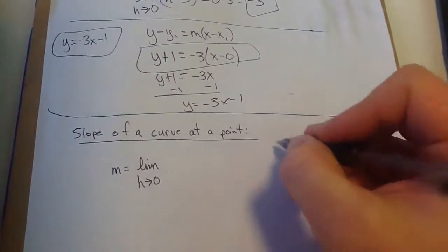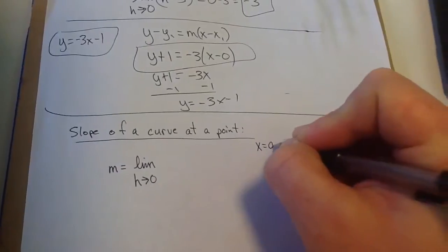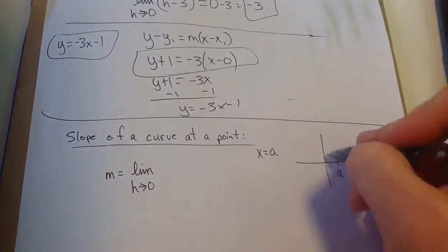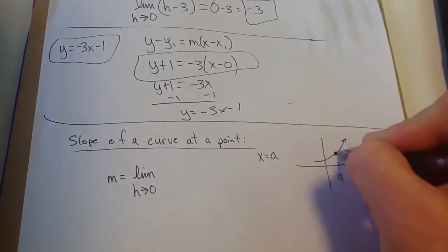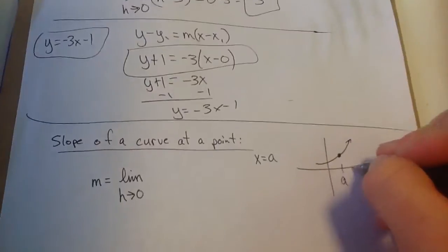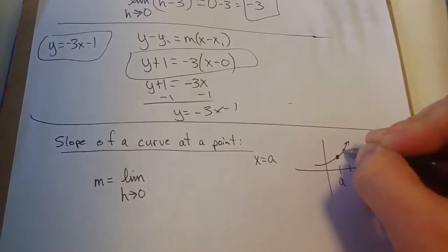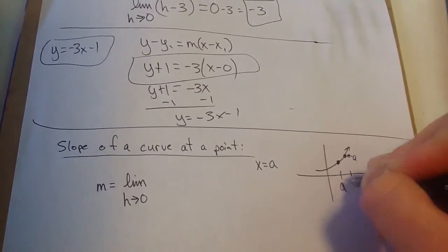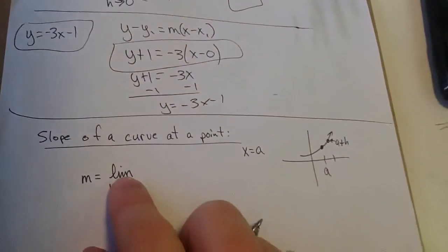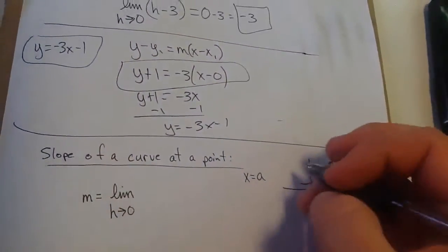We say, at our point, x equals a. If we want to know the slope of a curve at that point, we say x equals a. And so our other point would be whatever a is plus some value of h above it. So really the formula, all it is, is rise over run.